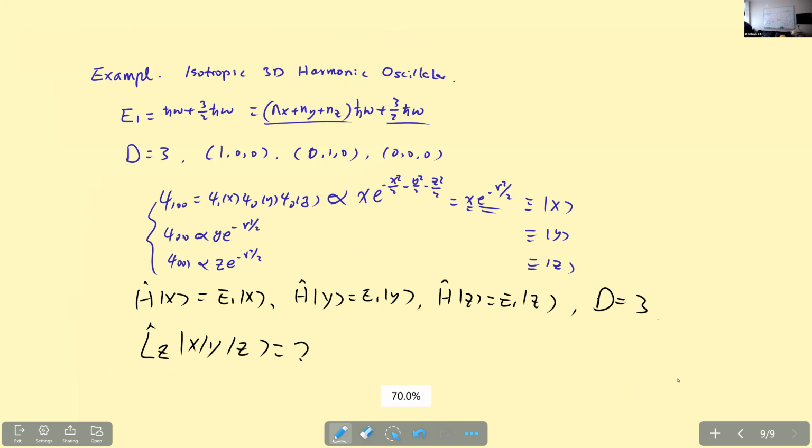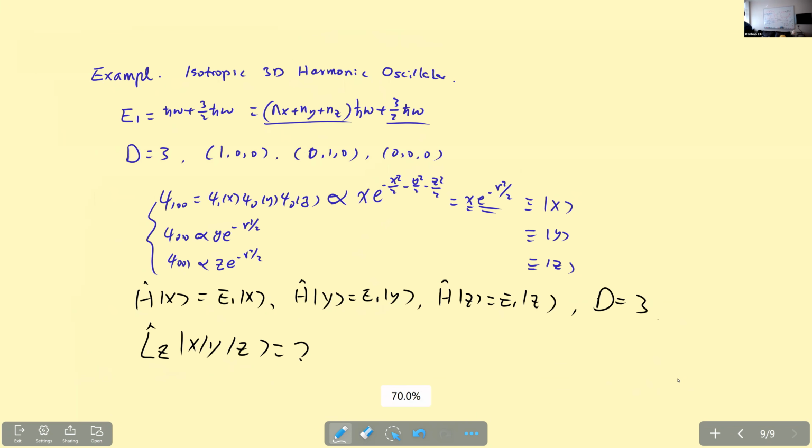We can use spherical coordinates. So Lz equals h bar over i partial phi, right? And look at the x.